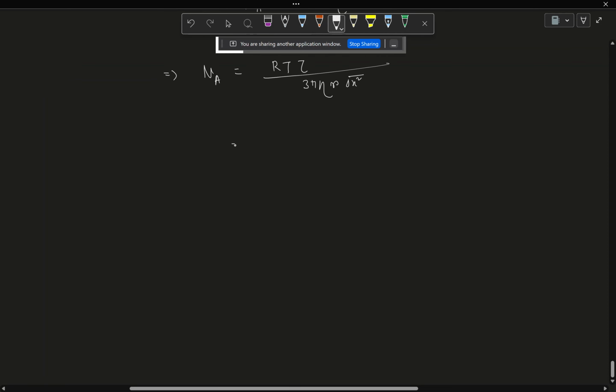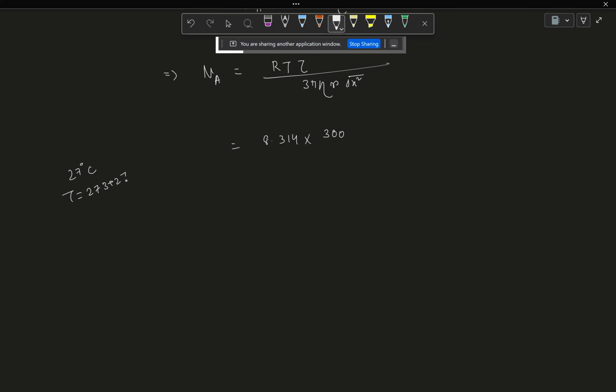Now you put down quickly what the known values are. So take everything in SI. R is 8.314 joule per mole Kelvin, the SI unit, and T is 300 Kelvin, because 27 degrees centigrade is mentioned in the problem, so converting into Kelvin, 273 plus 27 is 300 Kelvin.